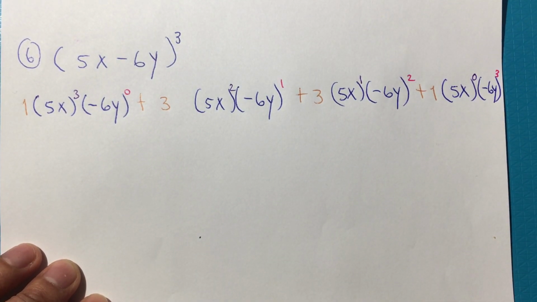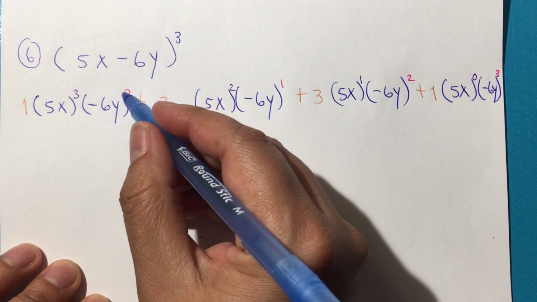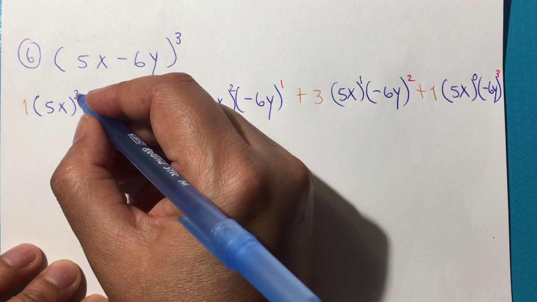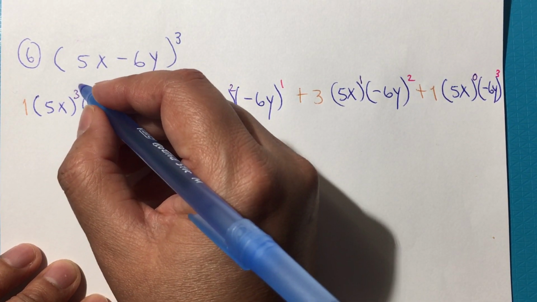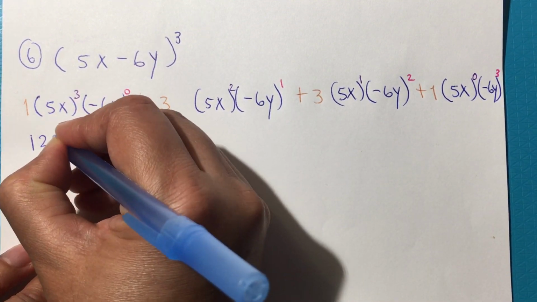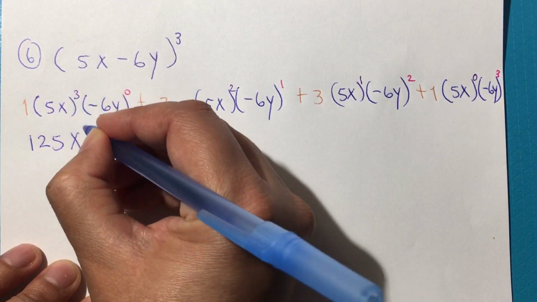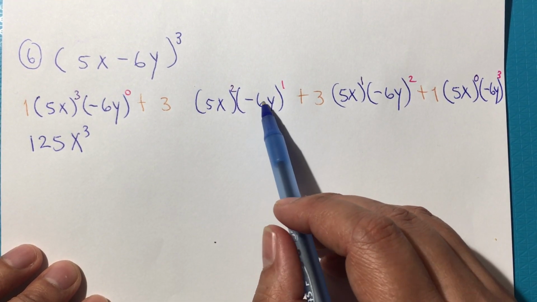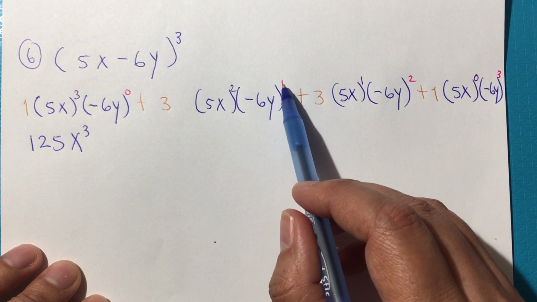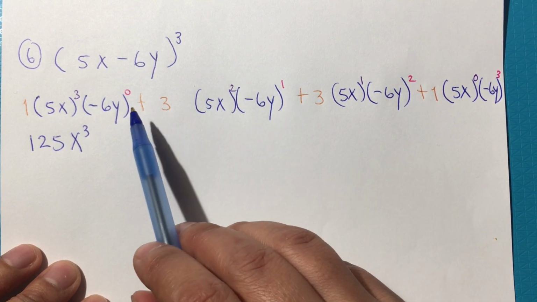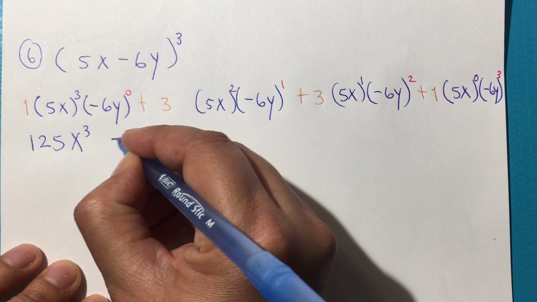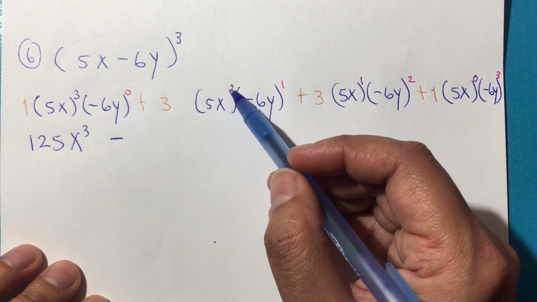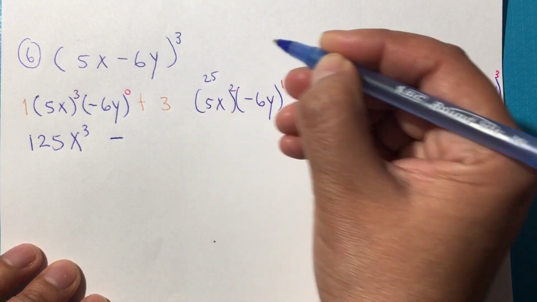And then start simplifying. So anything to the power of 0 is 1. 5 to the third power is 5 times 5 is 25. Times 5 is 125. X cubed. In here, this is negative 6 to the first power is going to be negative 6. So positive times negative is going to be negative. And then 5 times 5 is 25.